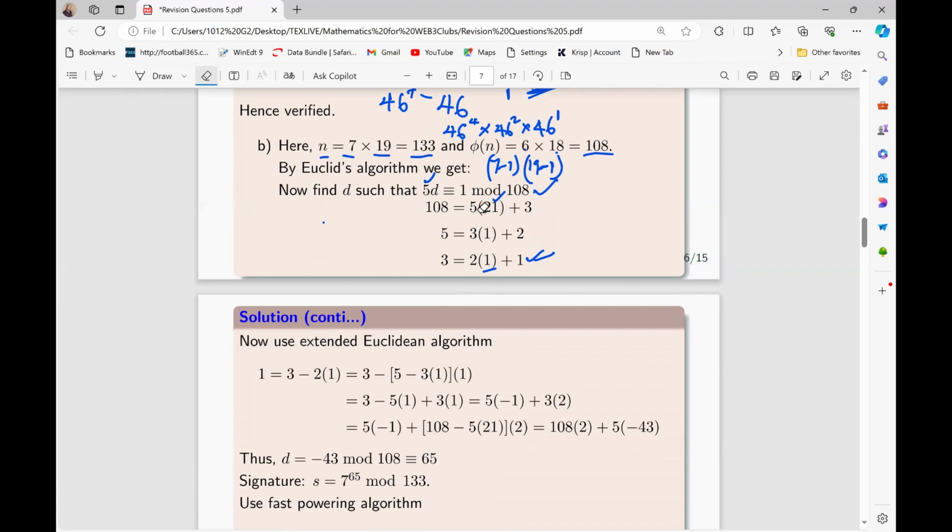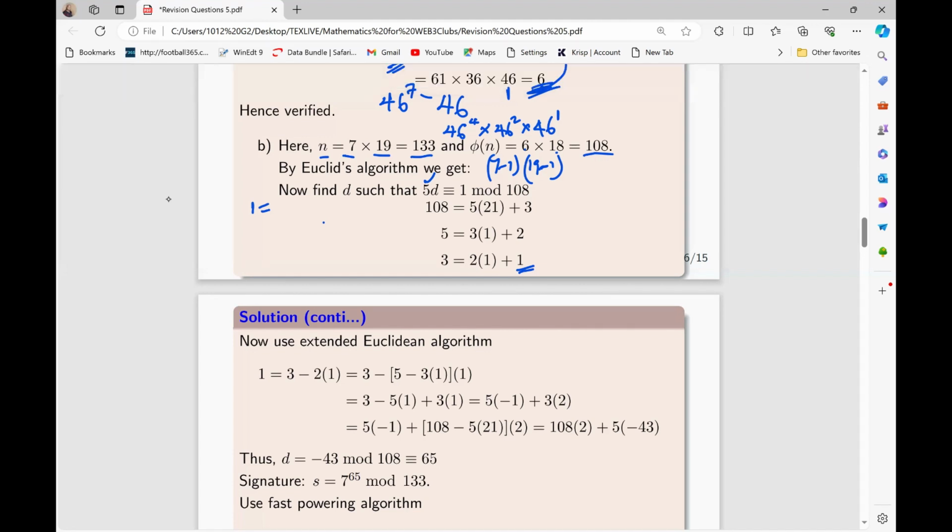Let's see what we have here. These remainders. Then it's telling us that 1 is the same as 3 minus 2 multiplied by 1. I'm just making the remainders the subject of the formula.